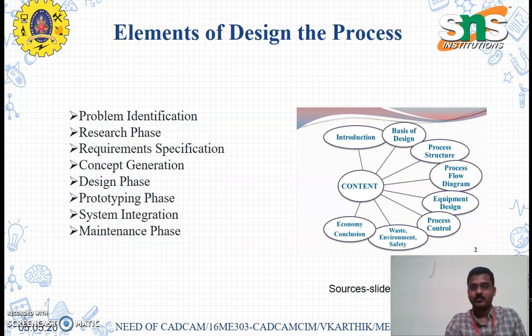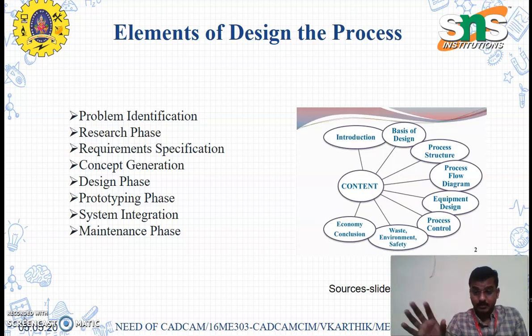Process flow diagram. In the same way as the process structure, first we identify the problem, and then we have to find a solution to that problem. We have to find the available resources in the scenario and then fit those available resources into the design or the process.